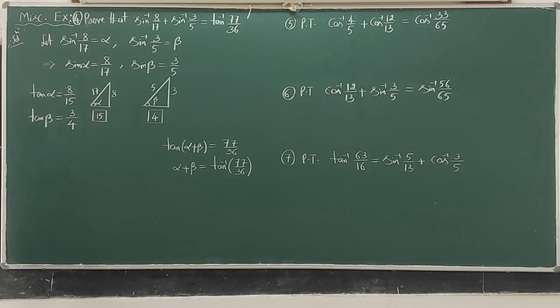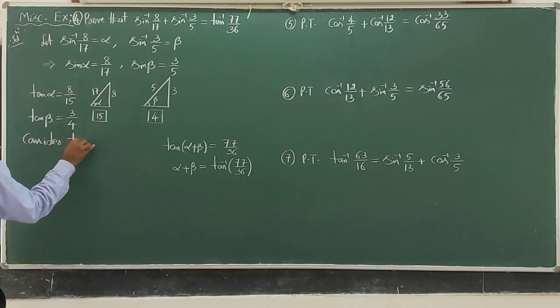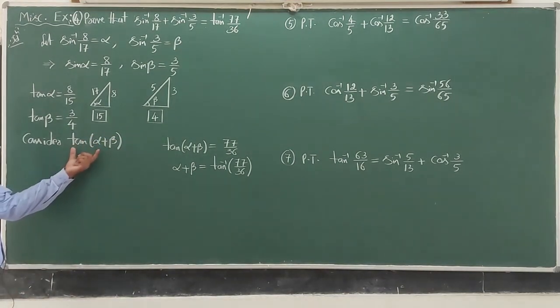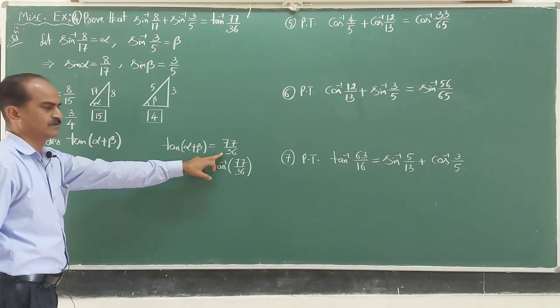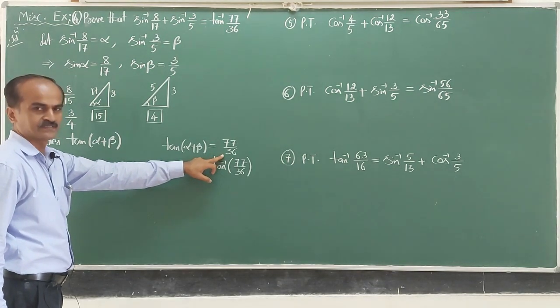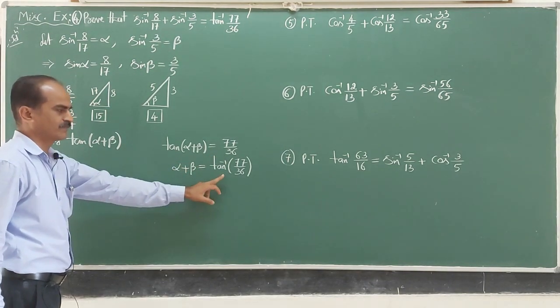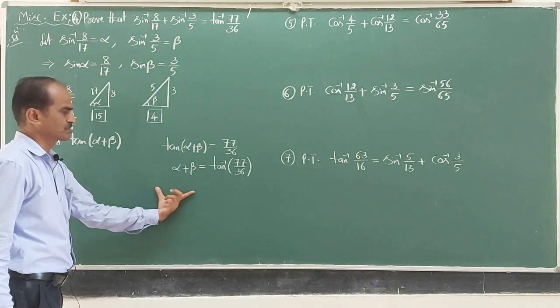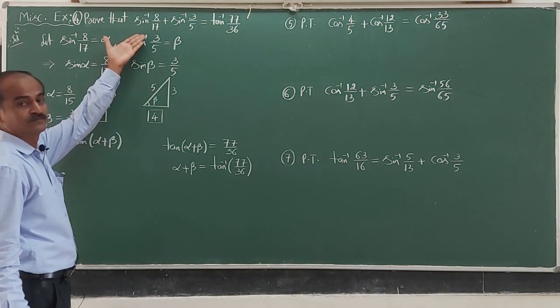We are ready with the tan alpha and tan beta values. So now let us write, consider tan of alpha plus beta. Now I have to show that tan of alpha plus beta value is how much? 77 by 36. Then I can write alpha plus beta tan inverse of 77 by 36. Resubstitute alpha and beta, that will give us that result.